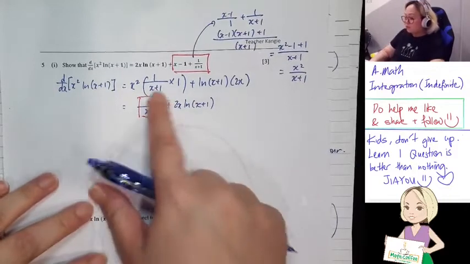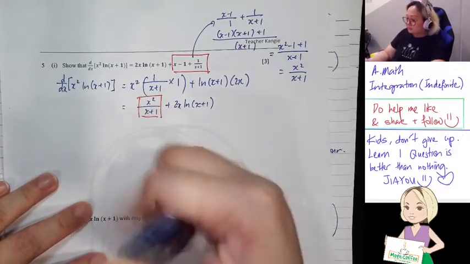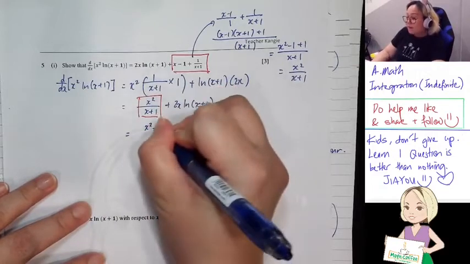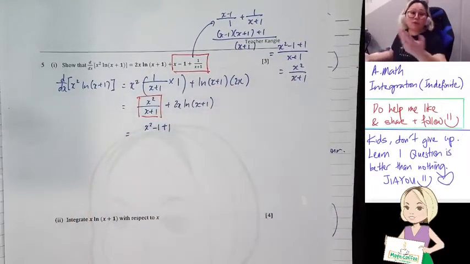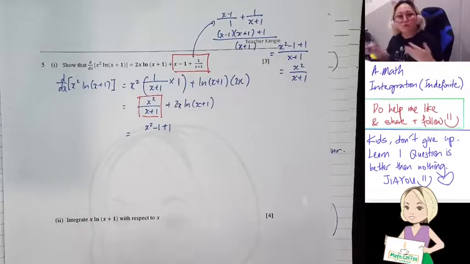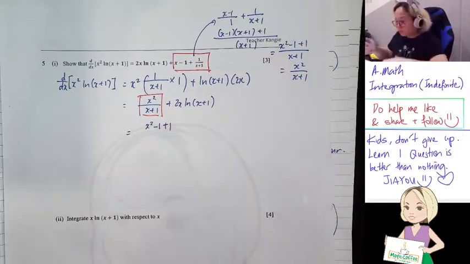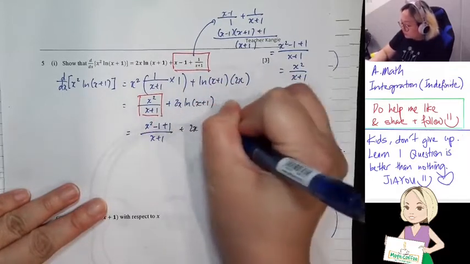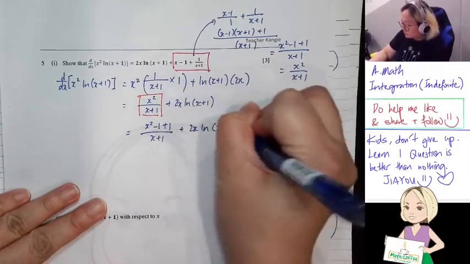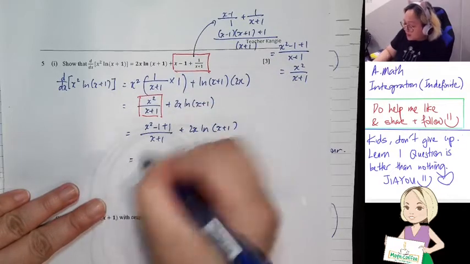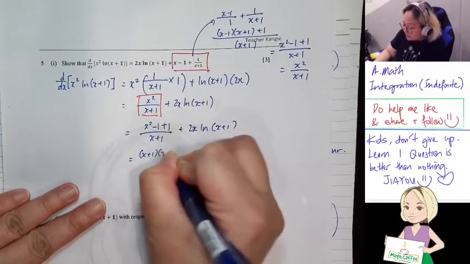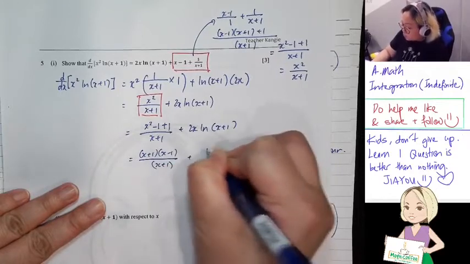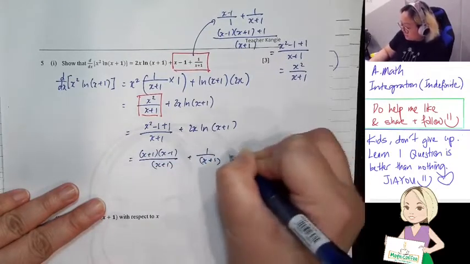So for this x squared, I will put minus 1 plus 1, because minus 1 plus 1 has no effect, it is still 0. Now this is x plus 1 times x minus 1 over x plus 1, plus 1 over x plus 1.